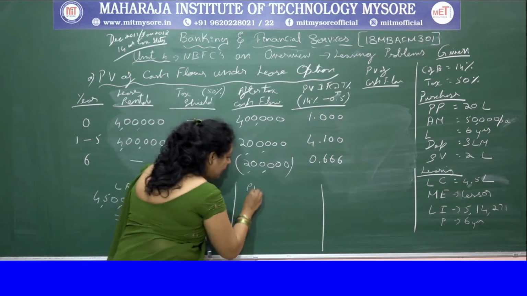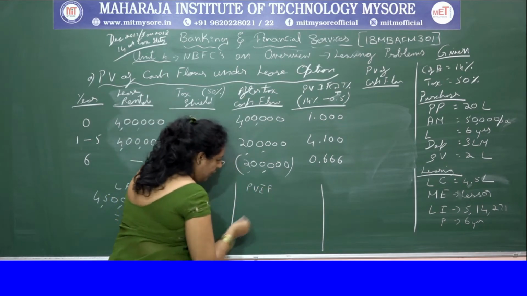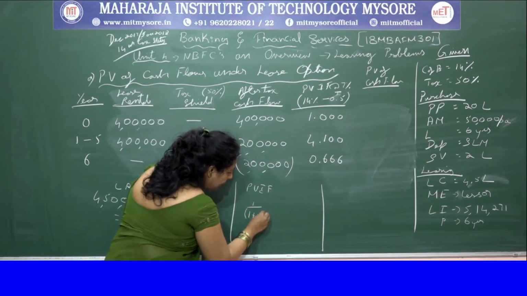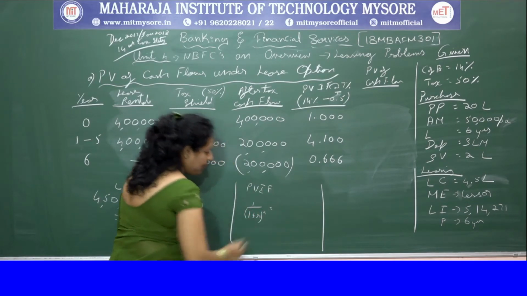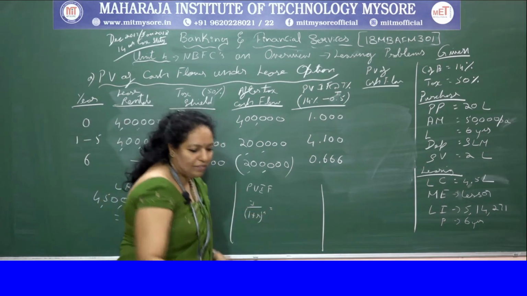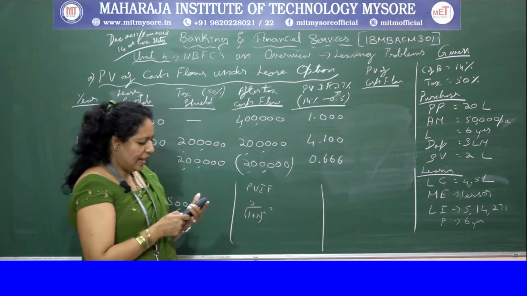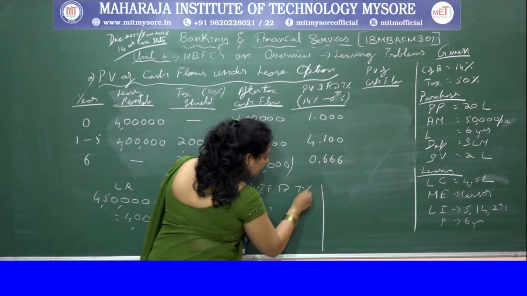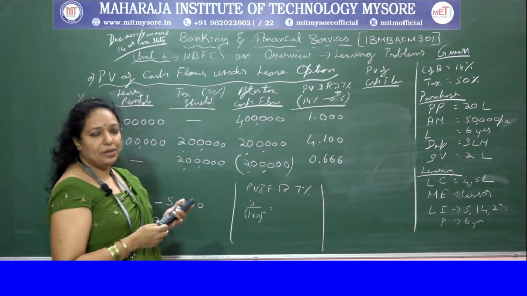If you have to calculate the present value interest factor, what you have to do? 1 divided by 1 plus r to the power of n. Here you have to take r, so you have to take your calculator and calculate at the interest rate of 7%.